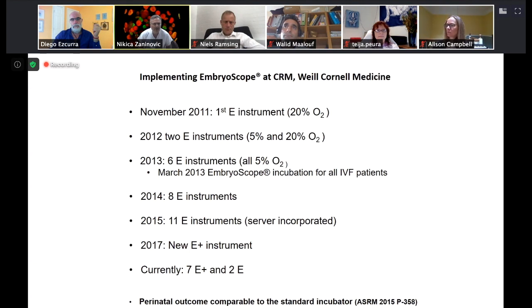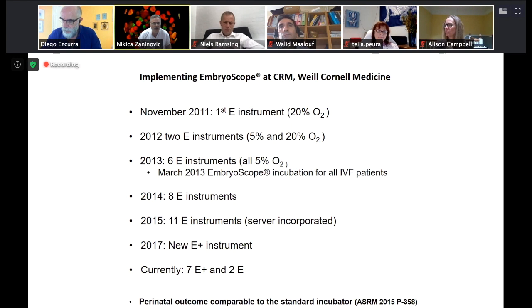How we implemented EmbryoScope at Cornell: we started in 2011 with the first EmbryoScope. Very soon we got the second instrument so we could play with the oxygen concentration and see if reduced oxygen is actually giving us a benefit, which it does. After these initial results, we concluded that this is the way to go.